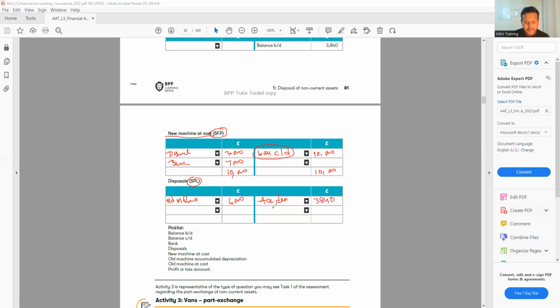And this time, if you remember last time we said bank here, but this time it's not going to be bank, it will be the new machine, 3,000. It will be 6840. 6840, and it will be the profit and loss account because it belongs to SPL. The gain 840 will be here. That's it. Only the difference here, this time it is a new machine, not the bank. Other than that, everything is okay.